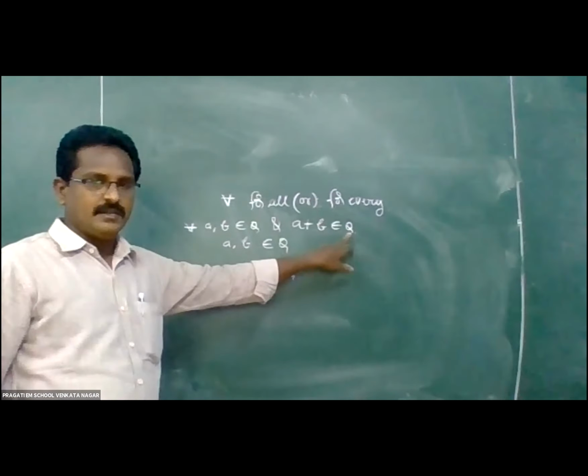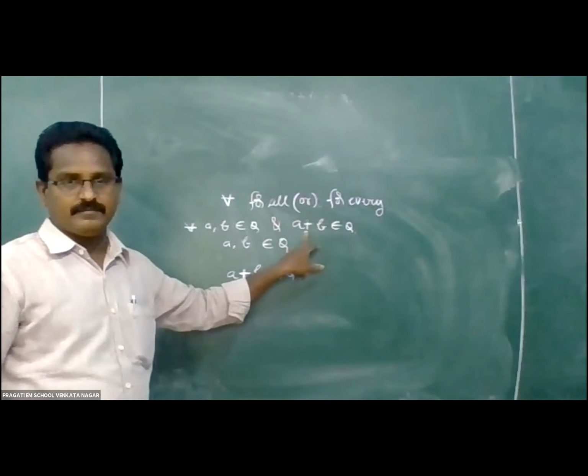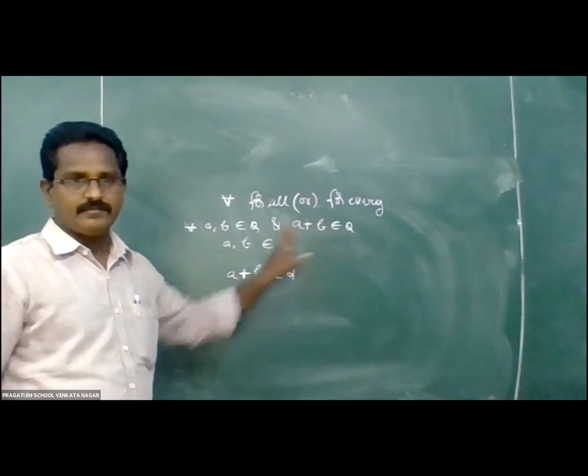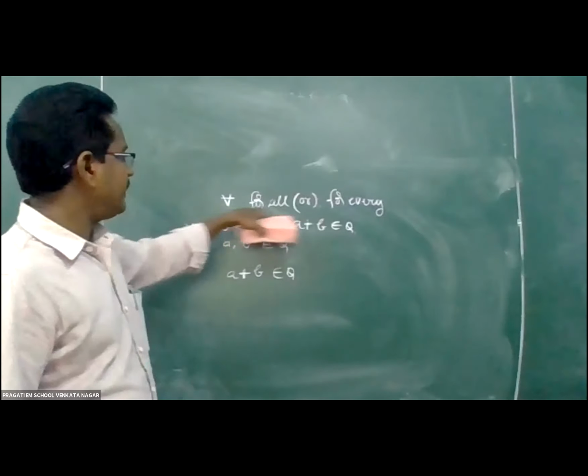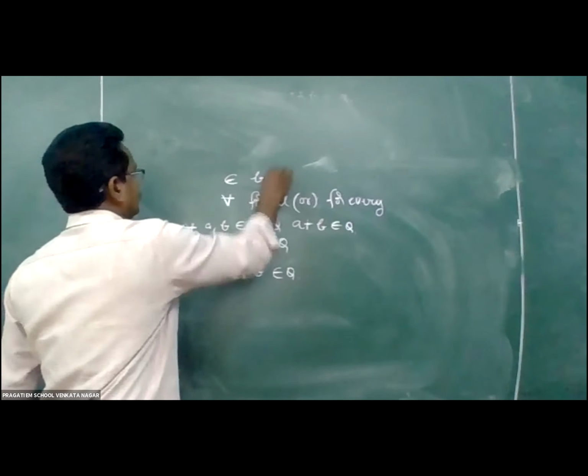That's why rational numbers satisfy closure property under addition. Very good. This means for all or for every. This is belongs to.